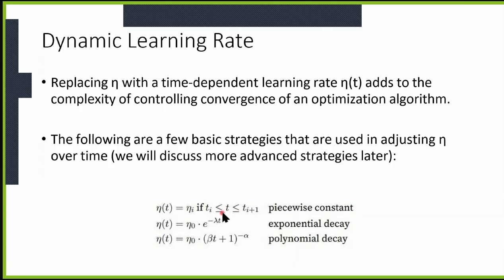In between particular time steps, say from the first iteration to the 50th iteration, we set the learning rate to a particular number, like 0.5. And then from iteration 50 to iteration 100, we set it as 0.7. So basically, this piecewise constant learning rate strategy is setting a predefined learning rate for each time step interval.